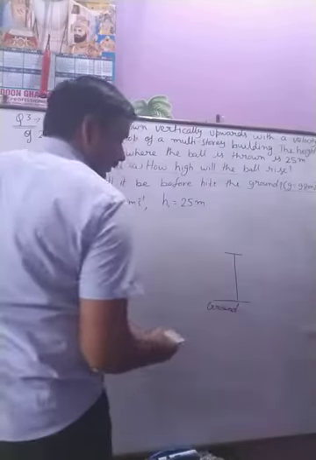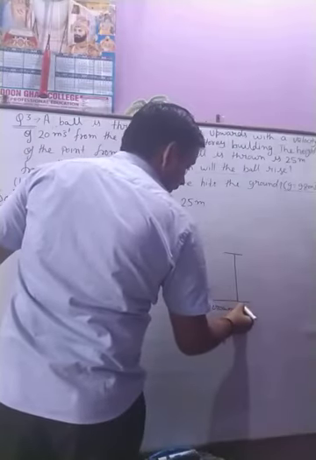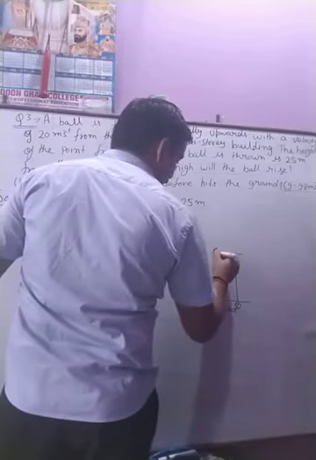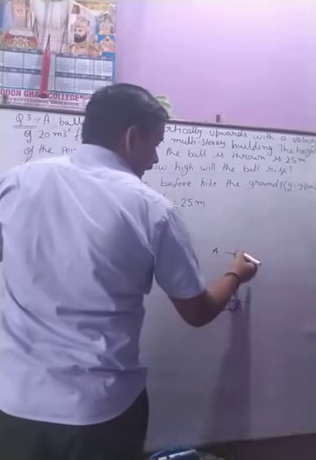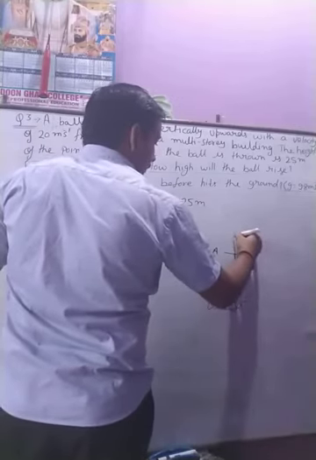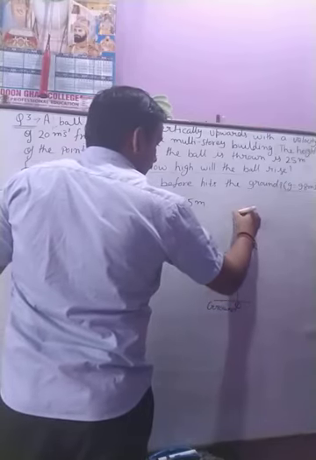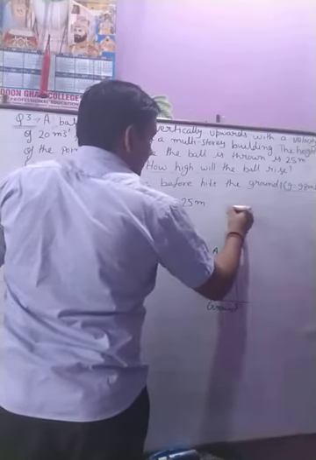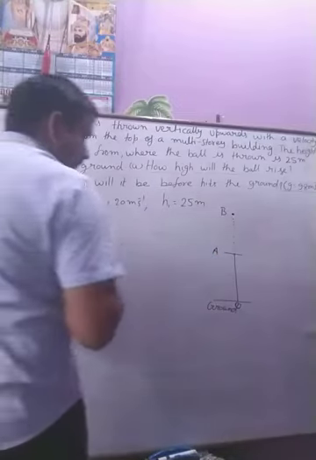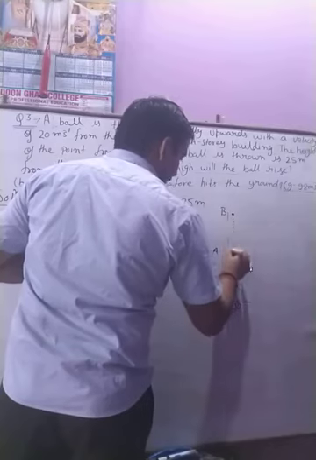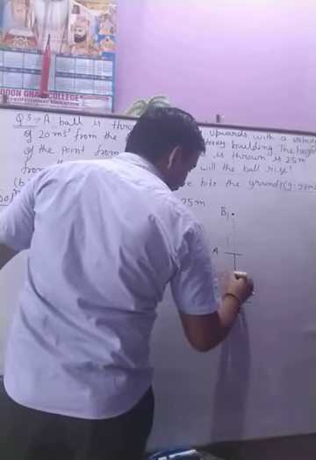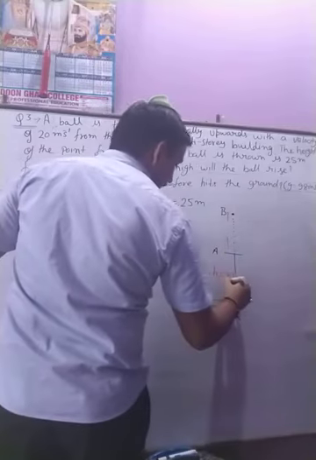At point O, the person is at point A, and from here the ball is thrown by him and let it reach point B. तो फर्स्ट तो ये है कि यहां से h1 हाइट तो हमें गिवन है, h1 इज 25 मीटर.